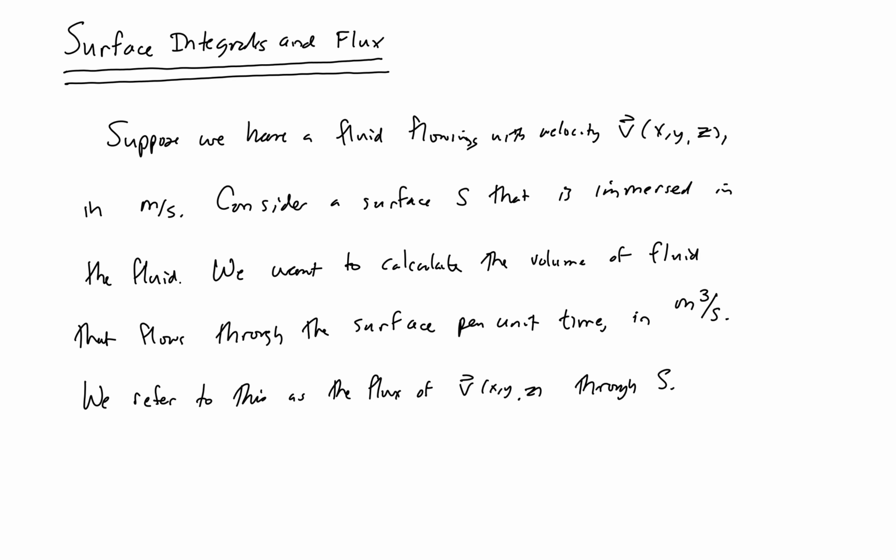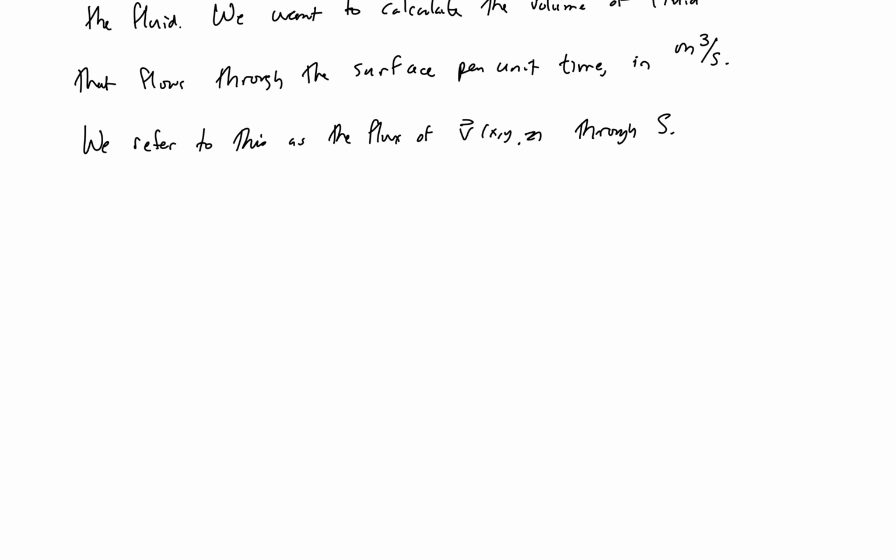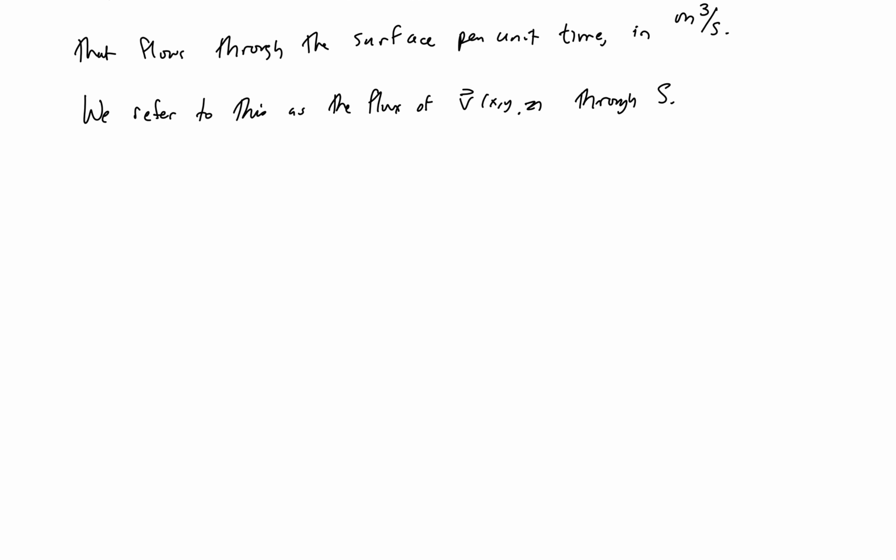Okay, so like I said, we can think of blood flowing through a blood vessel. So let's start off by looking at the simplest possible case we can have here. So let's suppose our surface here is S. And let's suppose our fluid is flowing and the vector field is actually constant and perpendicular to this.